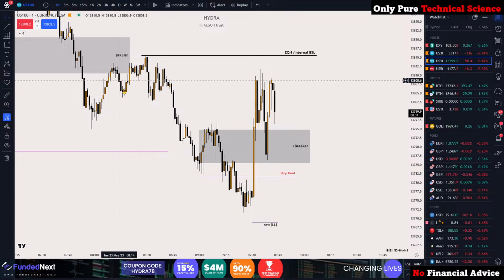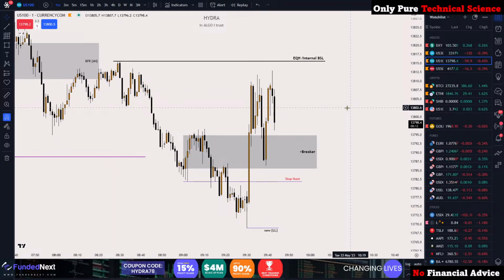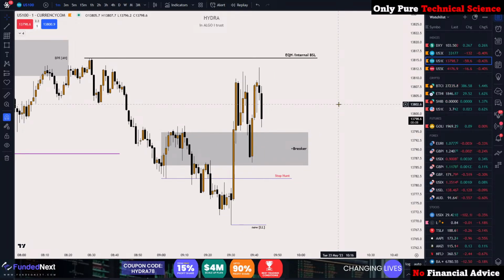Price is retracing from this breaker block, but I don't want to see price retracing from it. I want to see price going up and taking orders, clearing out liquidity from here. That's what I'm favoring. A lot of people are going to short from this breaker block again. Don't do it. Wait for the time and wait for the clean setup with your narrative to present itself. Only then push the button.